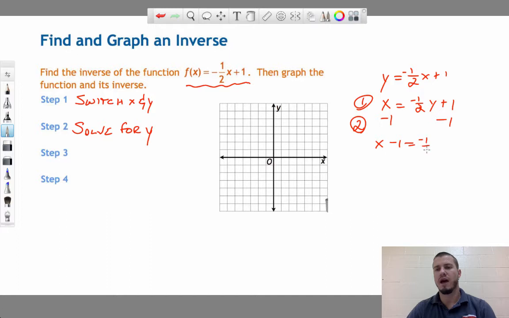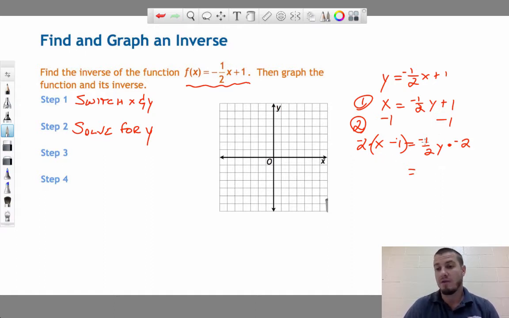equals -1/2 times y. And instead of dividing by -1/2, I'm going to multiply by its reciprocal, -2. You have to remember that I'm multiplying it with the whole side though, so I have to distribute it.